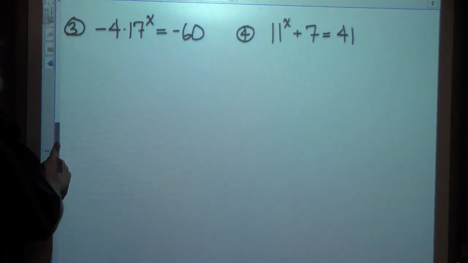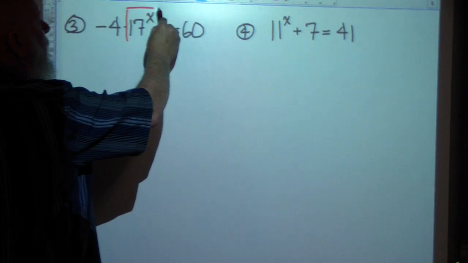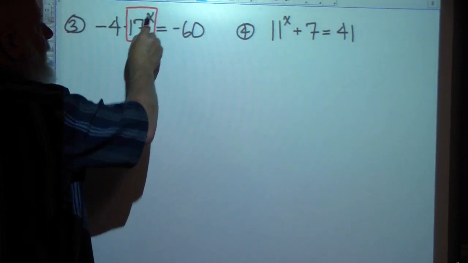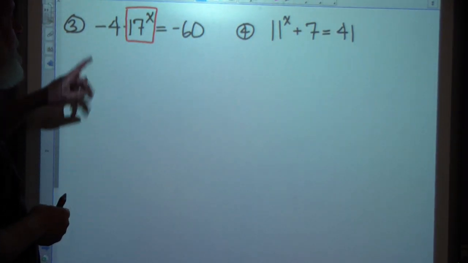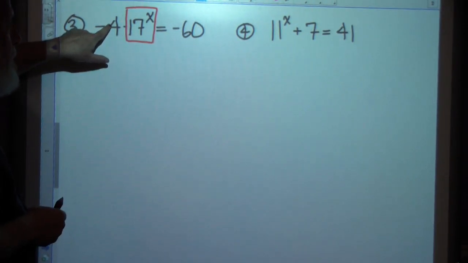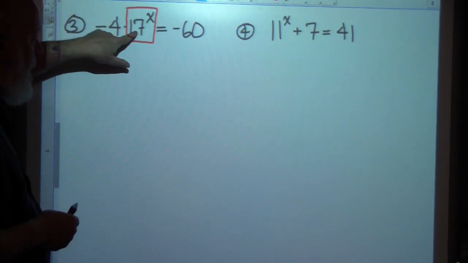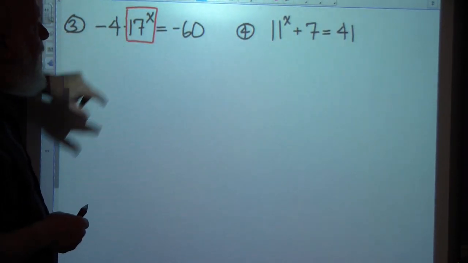Here, what I want to do is isolate the base that's being raised to a variable exponent. This order of operations, you do exponents before you multiply. So I want to get rid of this and isolate the number that's being raised to a variable exponent.